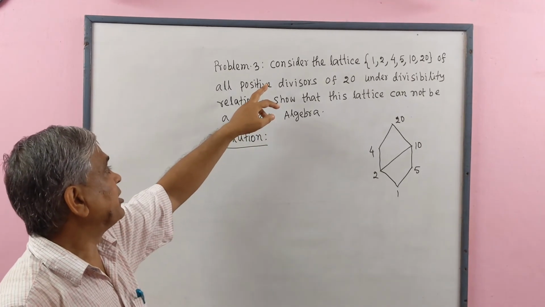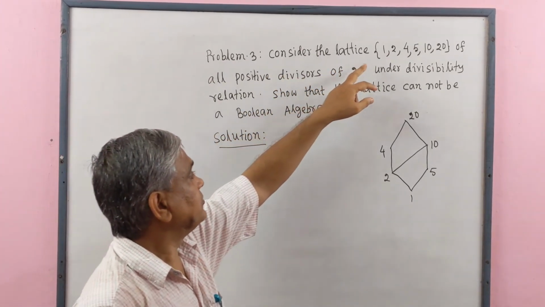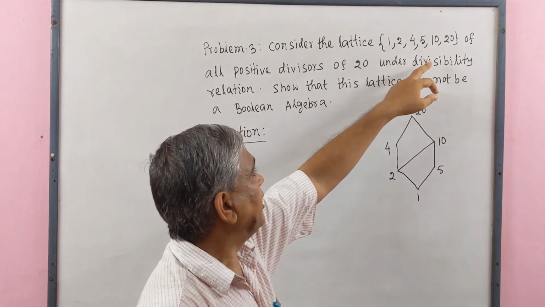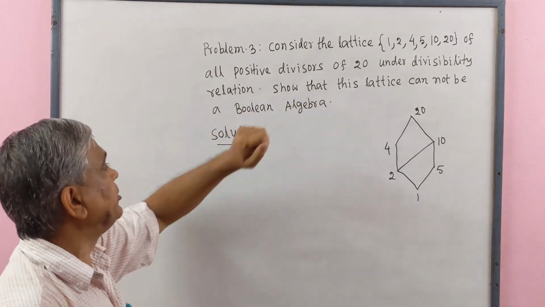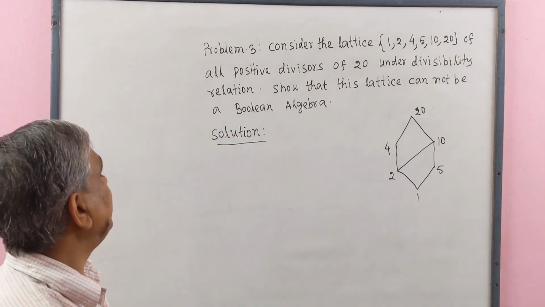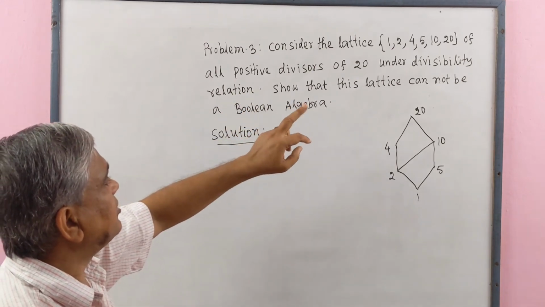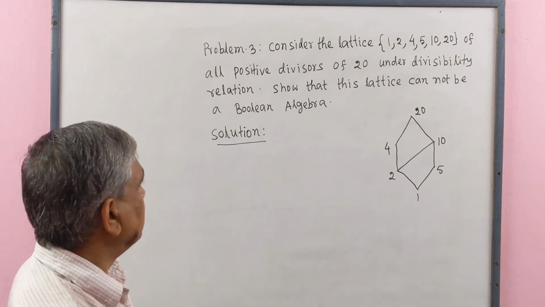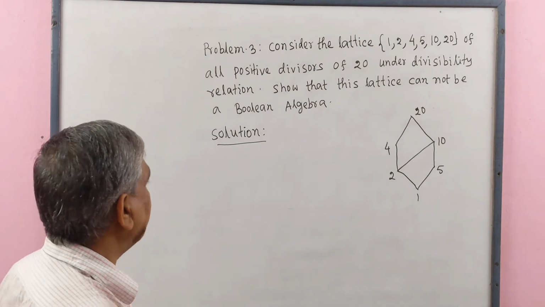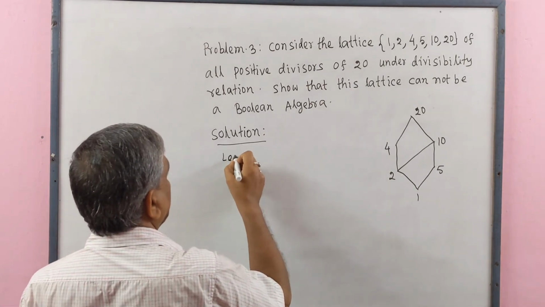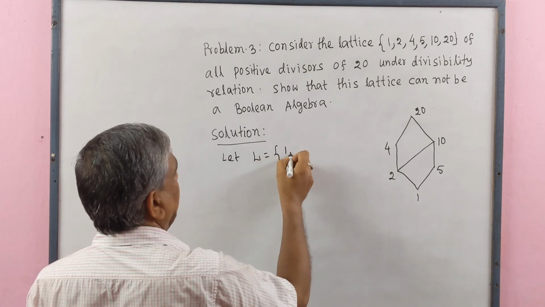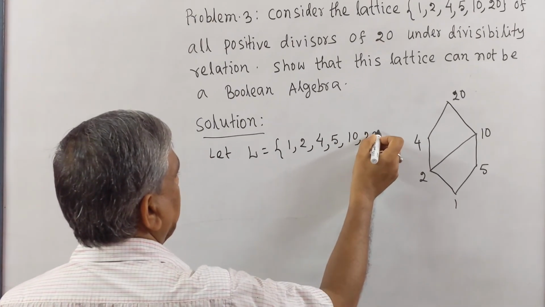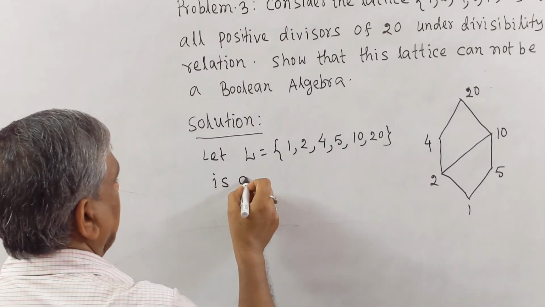Now we solve problem number 3. Consider the lattice containing elements 1, 2, 4, 5, 10, 20 of all positive divisors of 20 under the divisibility relation, so that this lattice cannot be a Boolean algebra. Let L equal to 1, 2, 4, 5, 10, 20 be a lattice.